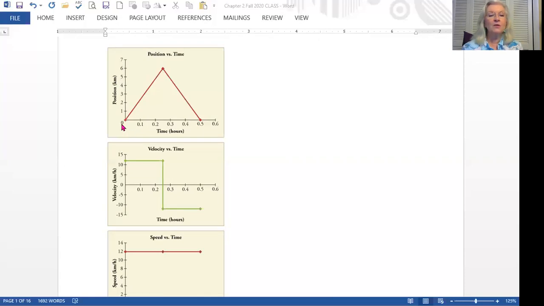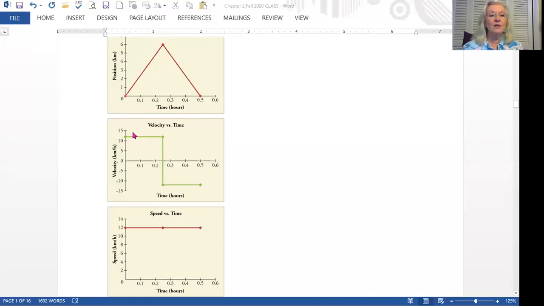In physics, we almost always have time on the horizontal axis and distance or other things on the vertical. On this one, we travel in the positive direction, we stop, we turn around, we come back to our starting point. So if we look at velocity versus time, again, this one, we would end up with a positive velocity until we stopped.